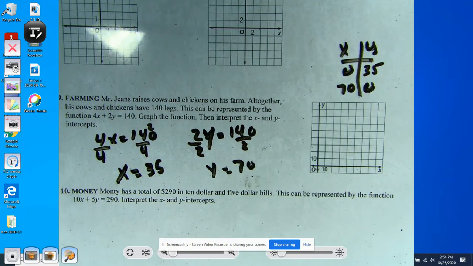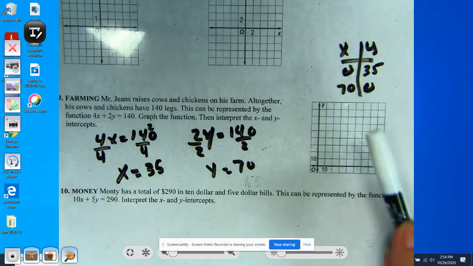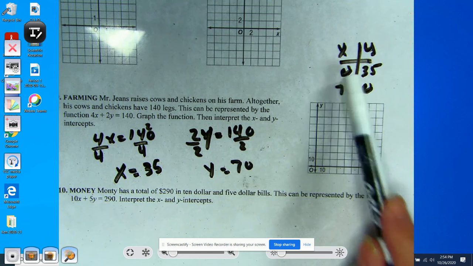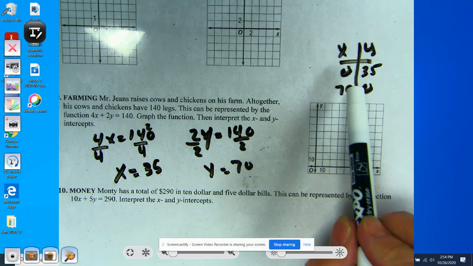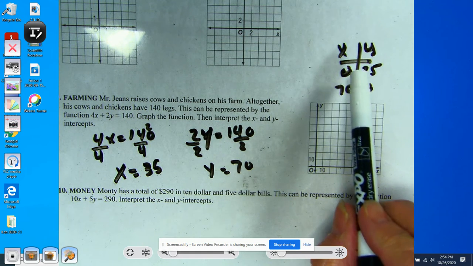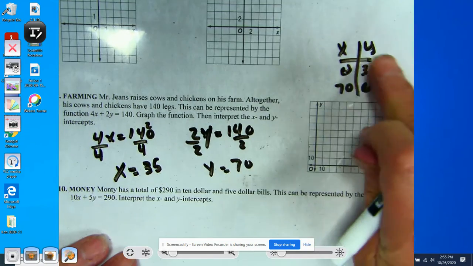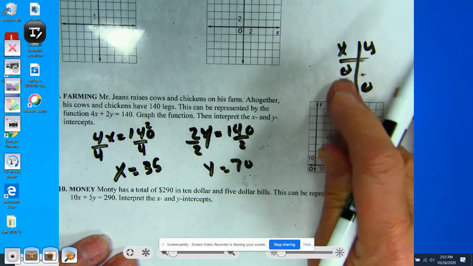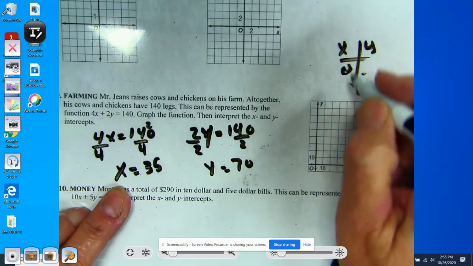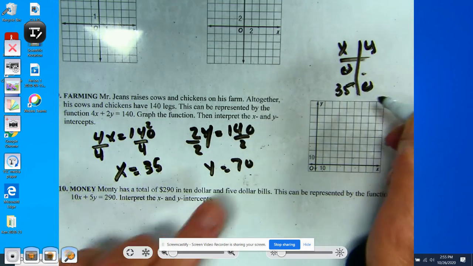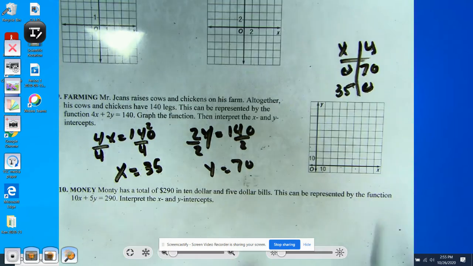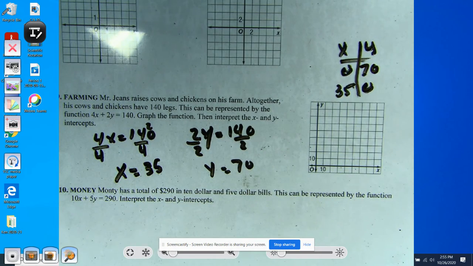So what this is saying is, if I had no four-legged creatures, you've got to forgive me, I did that backward. x is 35, that's the x spot. y is 70, that's the y spot. You've got to make sure you put them in the right place because it wasn't making sense.